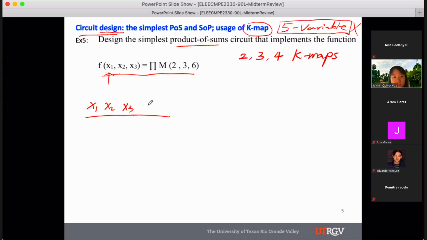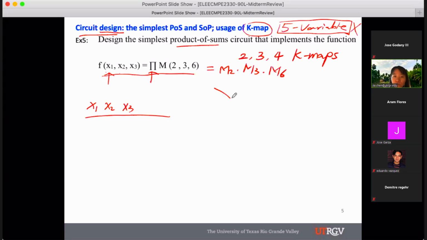And I have m2, m3. This symbol means continuous multiplication, right? So this means m2 times m3 times m6. Now you need to figure out what m2, m3, and m6 are. Those are max terms, right? And how to put them in your K-map?